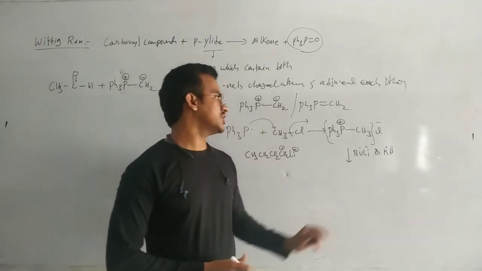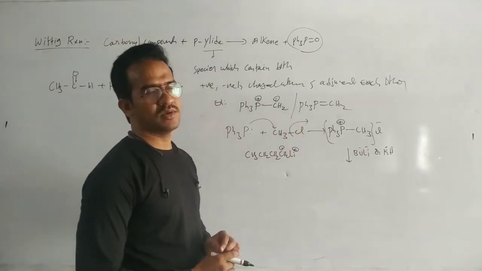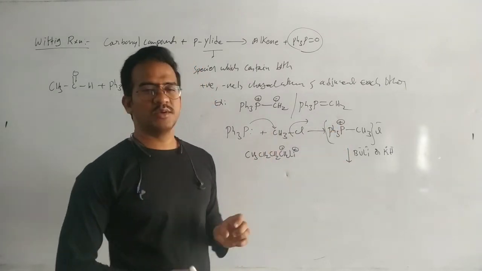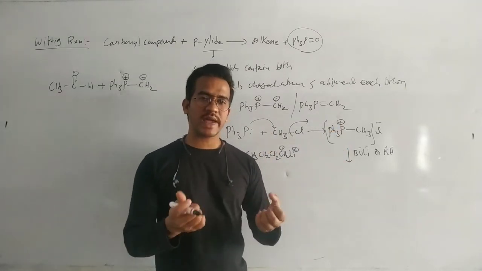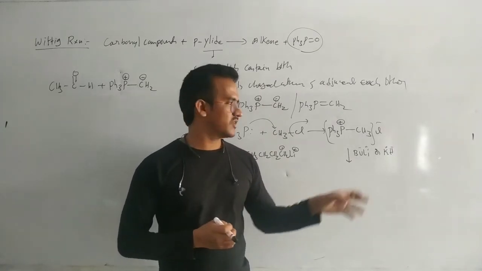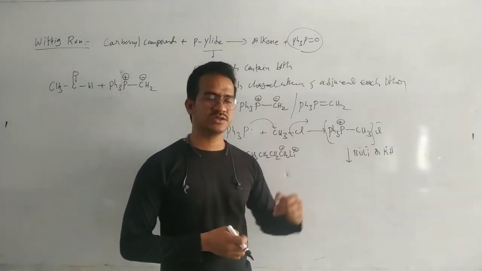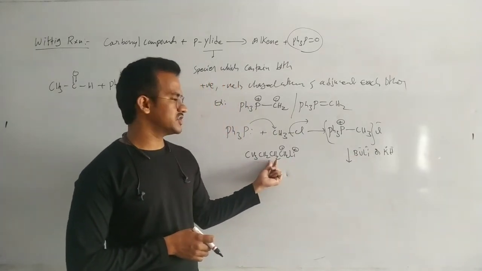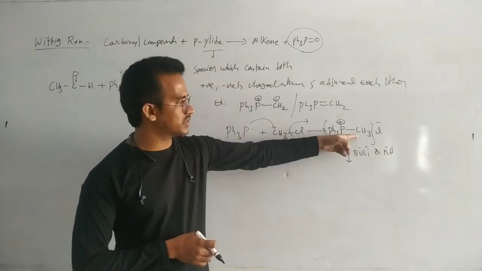So that base removes the proton from this carbon. Why? Because the triphenyl phosphine carries a positive charge, and that positively charged species is a strong electron withdrawing group. Due to the presence of the strong electron withdrawing group, the acidic nature of these hydrogens increases. So here the strong base H minus or CH3, CH2, CH2 minus accepts the proton from this one.